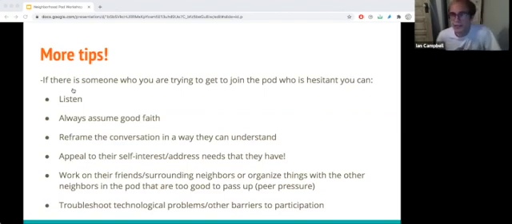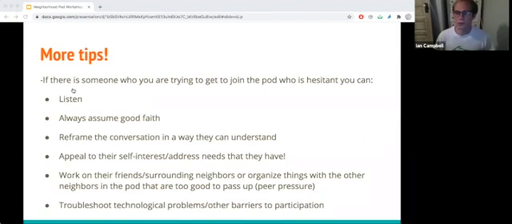Again, is it a thing that every time you and your neighbors meet, everyone's smoking and drinking, or maybe they can't really be around cigarette smoke, or they're a recovering alcoholic and can't be in situations where people are drinking, those types of things, right? So yeah, assuming good faith, you can reframe the conversation in a way that they can understand.